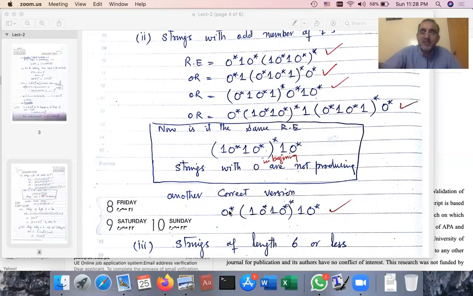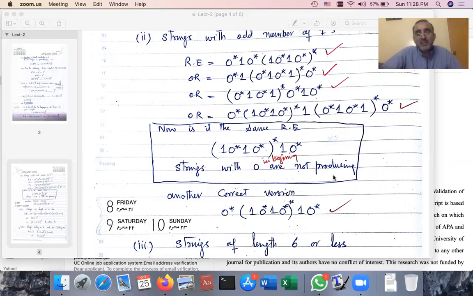This correct version is also the same regular expression producing the same result as these regular expressions are producing. So I will discuss this one in detail, but I am leaving the other regular expressions for your practice.